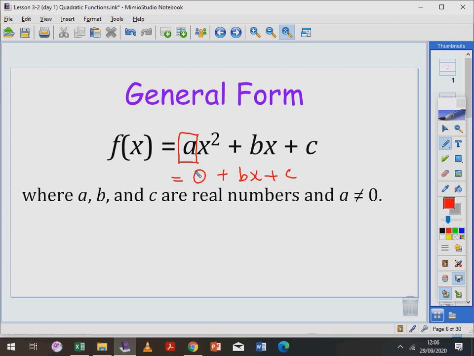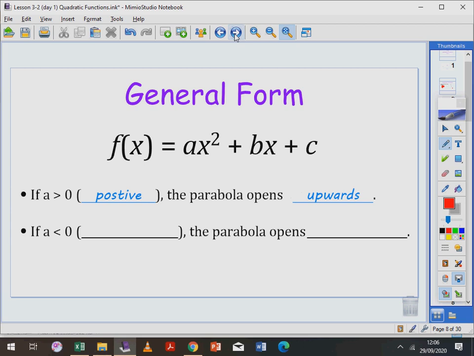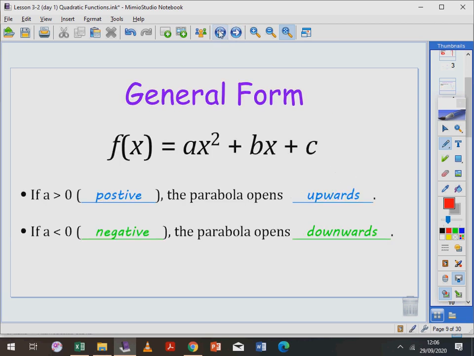So moving on, in the general form of the expression, if a is greater than 0, so if it's a number that's bigger than 0, then the parabola opens upwards, or basically looks like a U. And if it is a negative value, then the parabola opens downwards, or looks like the shape of an N.